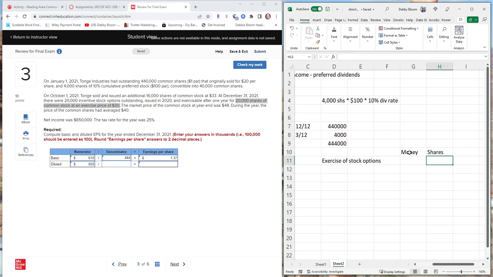The number of shares would be 20,000 and the amount of money coming in is 600,000, calculated as the 20,000 shares multiplied by the exercise price of $30. Now what we do is we pretend that we used that money to buy treasury stock.